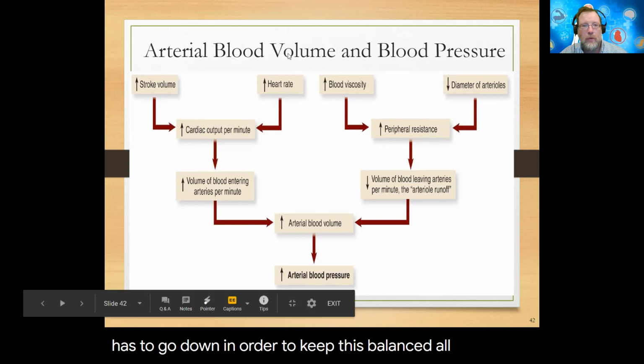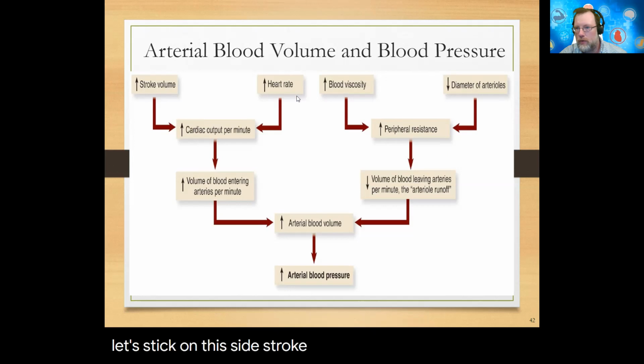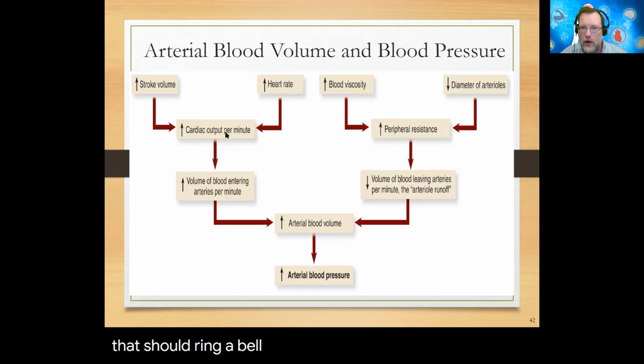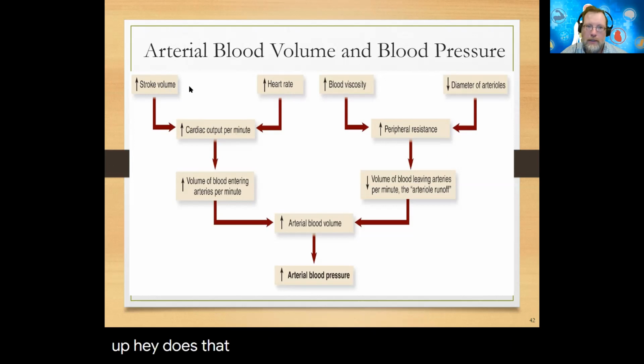All right, so let's stick on this side. Stroke volume and heart rate, that should ring a bell. That's cardiac output. If stroke volume goes up and we leave heart rate alone, cardiac output is still going to go up. If stroke volume is maintained as a constant, but heart rate goes up, cardiac output would go up. Does that make sense?